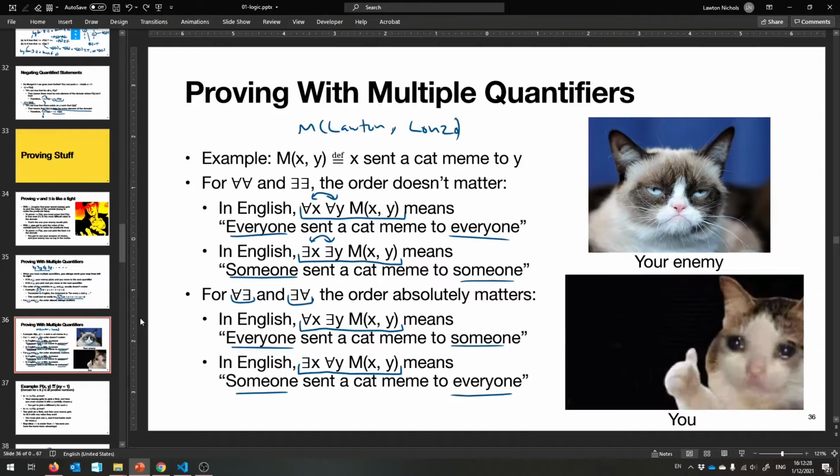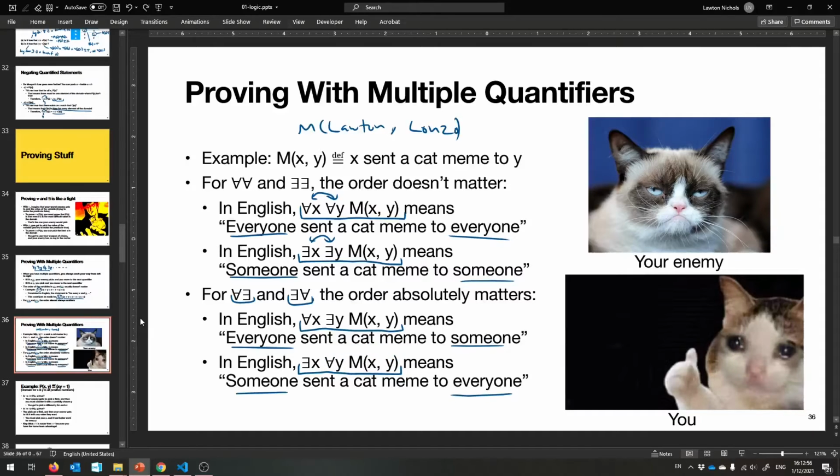So you first fix the X, fix one sender, and then you have to show for all Y, M of XY is true. For every person, that X sent a cat meme to that person. So if you pick me, like I'm the X, you have to show that for all Y, for every other person, M of Lawton Y, I particularly sent a cat meme to everyone else.